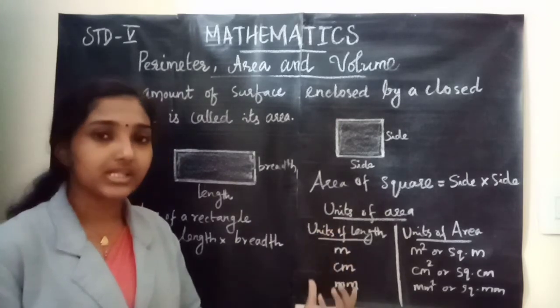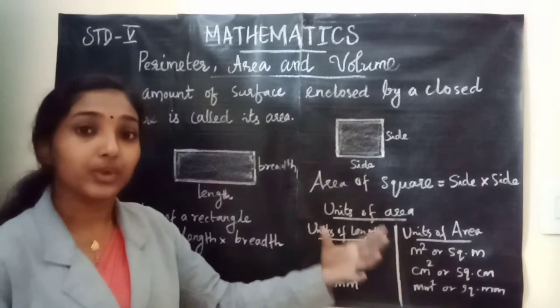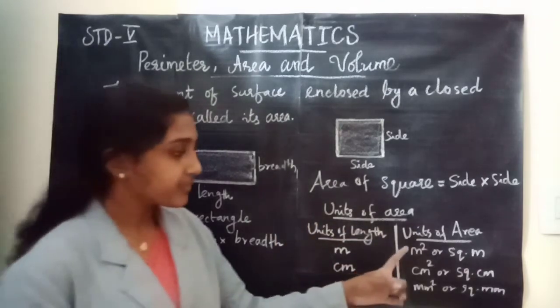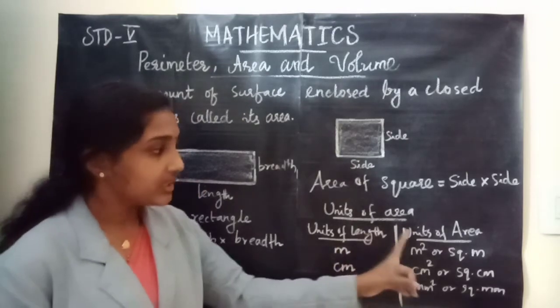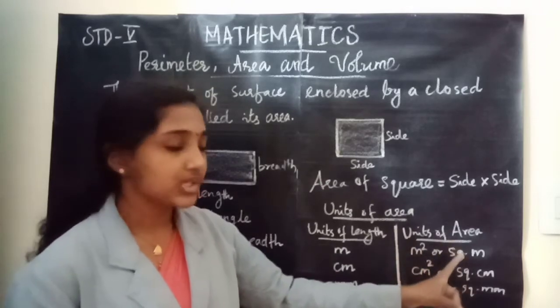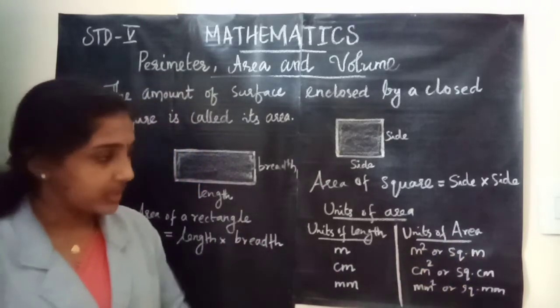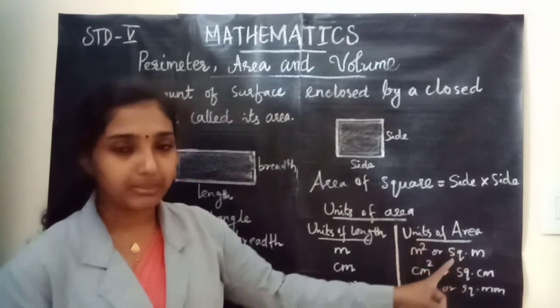These are the units of length. When it comes to area, when the unit of length is meter, the unit of area will be meter square or square meter. We can write it as meter square or square meter.